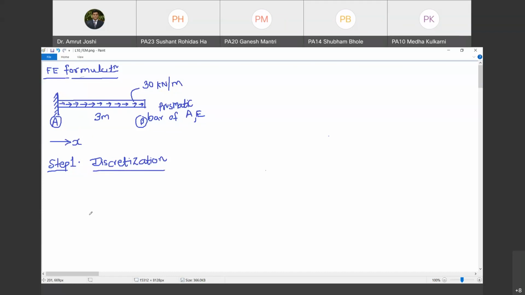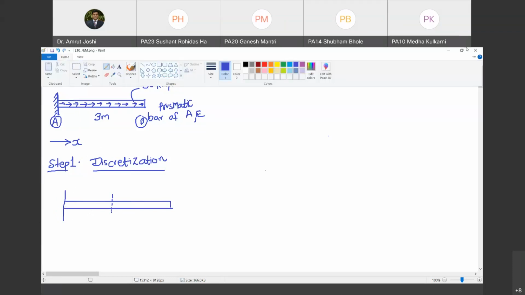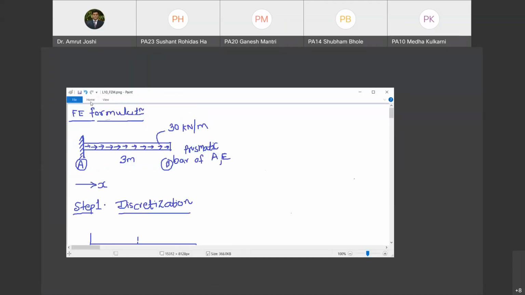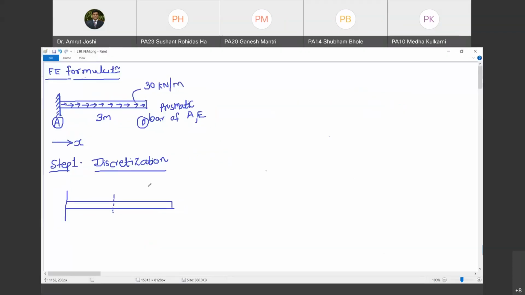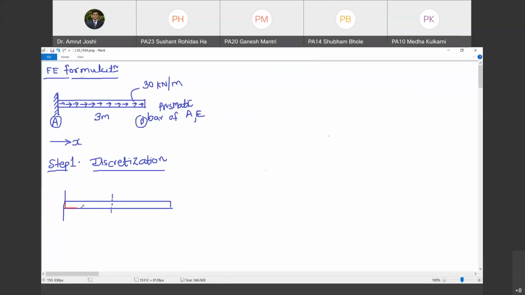So I am going to divide this beam into two elements. Let me show that to you. If this is the beam of 3 meter length, I am going to divide it into two elements. This is element number 1.